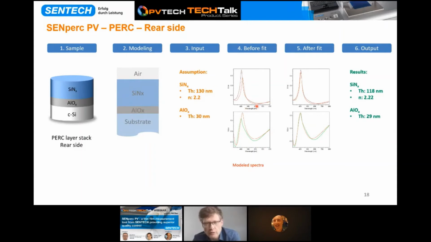Again, we run this through the computer engine and we find here the red curve modeled, already fitting quite well to the measured curves, but not perfectly. Then again, we apply the fitting procedure, achieving a perfect match between the model and the measurement, so we can read out the results for our PERC solar cell, meaning that the silicon nitride film is now determined to be 180 nanometers with a refractive index of 2.22. So in terms of N, it's very similar, only the film thickness is quite different, while the aluminum oxide film thickness is very close to the assumed value.